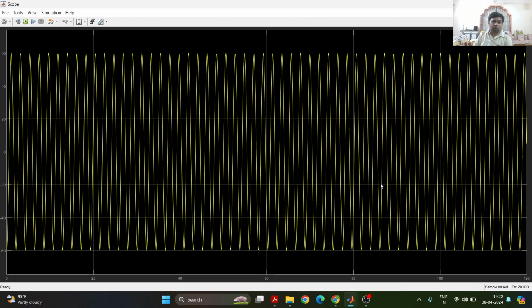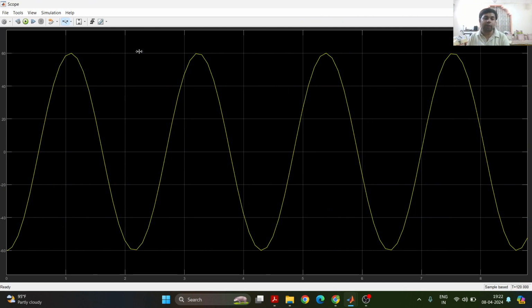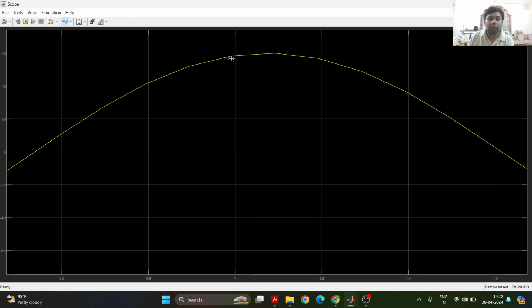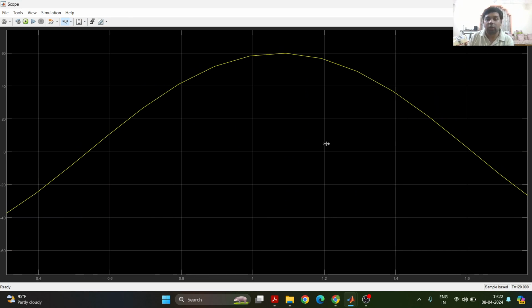Yeah, this looks much better. At least this output seems to be tending towards sinusoidal, but we can still see some sharp edges. This step size is still not good enough, because it's showing some sharp changes.